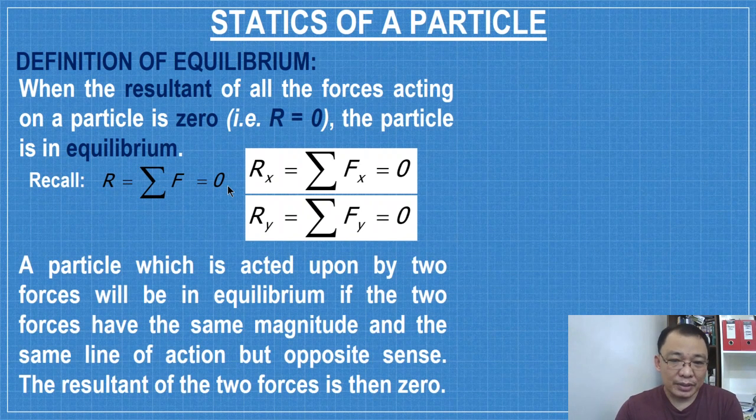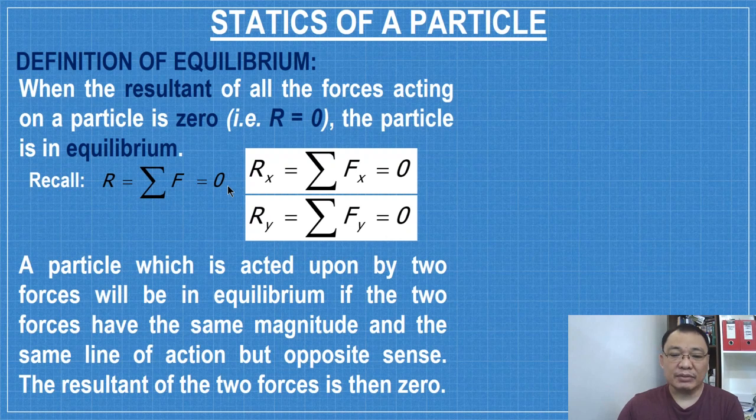For example, a particle which is acted upon by two forces, let's consider two forces only. A particle which is acted upon by two forces will be in equilibrium if the two forces have the same magnitude and the same line of action but opposite signs.